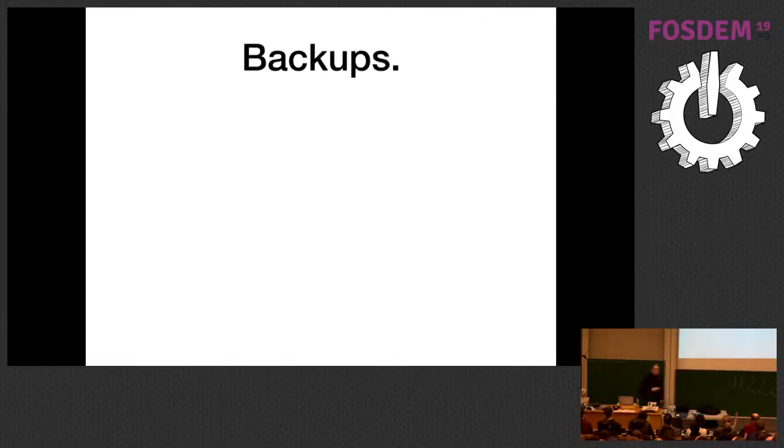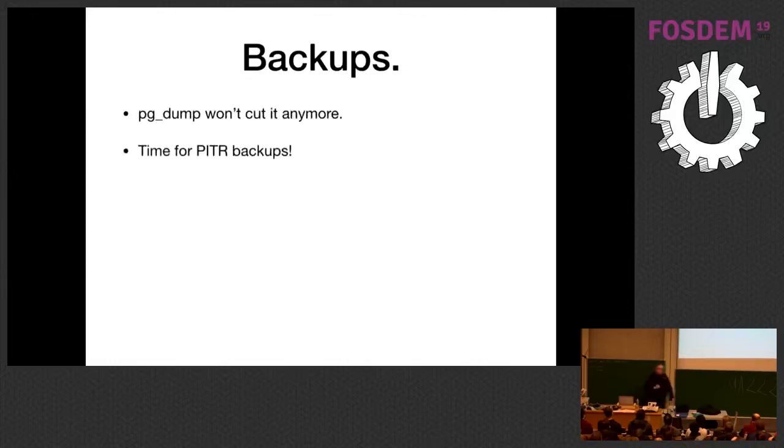Okay, well, we wave farewell to our good friend pg_dump because it's just not being very fast anymore. So it's time for PITR backups, point-in-time recovery backups. As a quick overview for people who are not familiar with them, in a PITR backup, you take a file system level copy of the whole database once in a while, which can be from daily to weekly to however long, and then save all of the write-ahead log segments that are generated after that, from when that file system copy started, and those two things together are your backup.